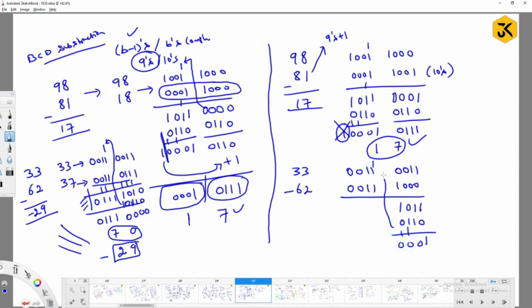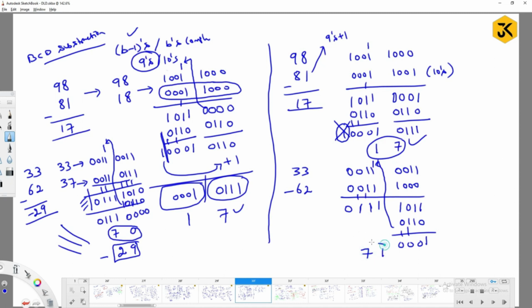Carry will be generated here, right? Now triple 1 is 1, oh sorry, it should be 1111. Triple 1 is 1110. 011 is a valid one, so you are going to get 7 and 1.